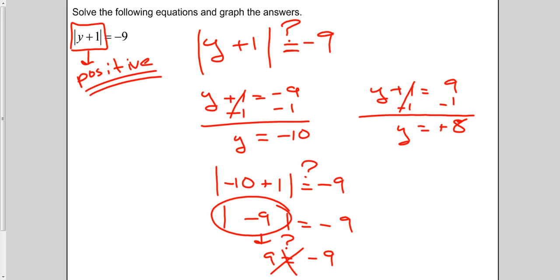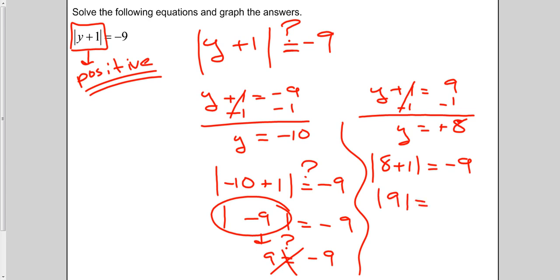Same thing happens on the other side. If I plug in 8 into my original absolute value to check, I get negative 9 in my absolute value, and because when I pull an expression out of the absolute value it always becomes positive, I again get positive 9 is equal to negative 9.